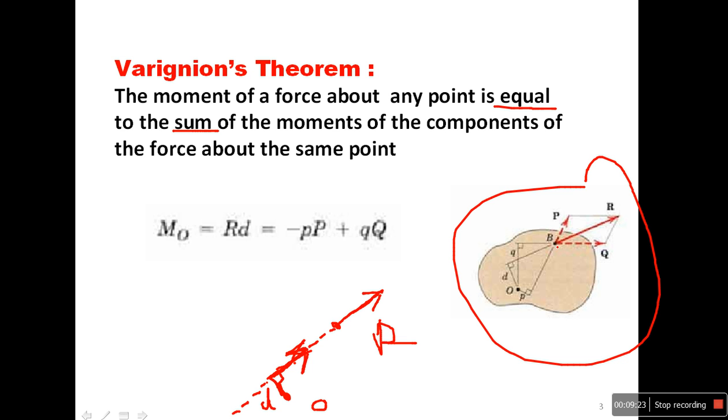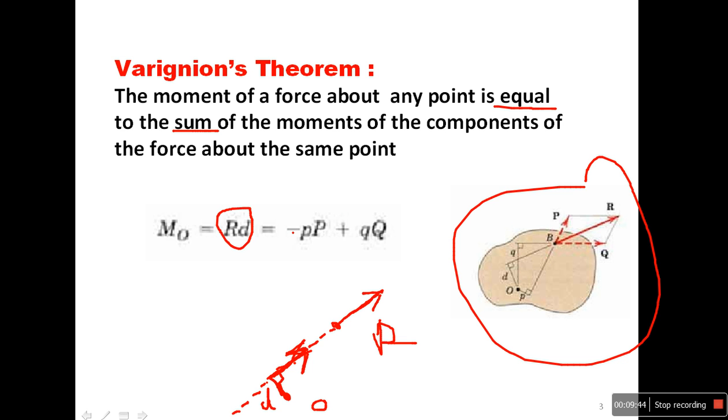This is the line of action, and this Q multiplied by this distance, plus this P multiplied by this distance, equals R.